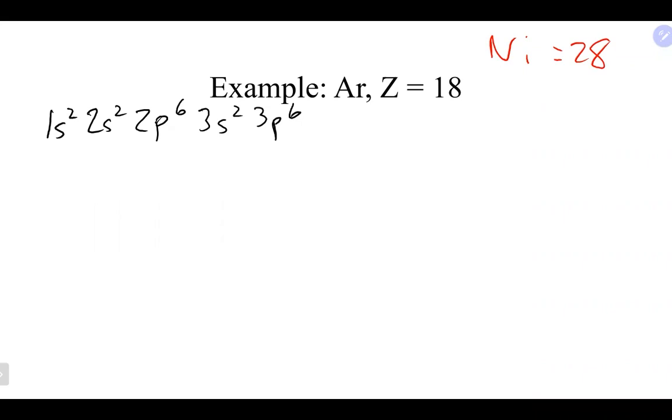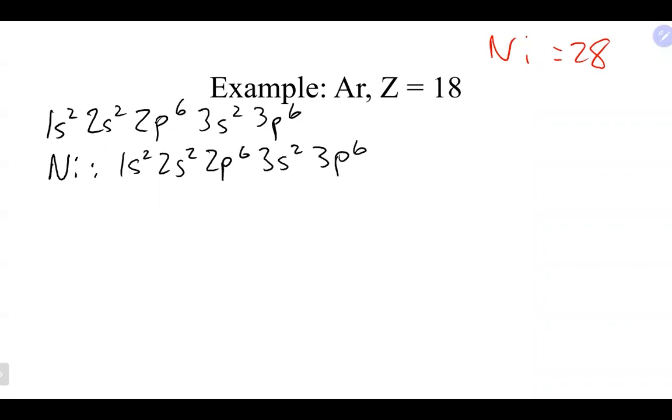All right, so let's look at nickel, which is 28. It would be 1s2, 2s2, 2p6. Once again, here we'll go 3s2, 3p6. And at that point, that is 18 still.